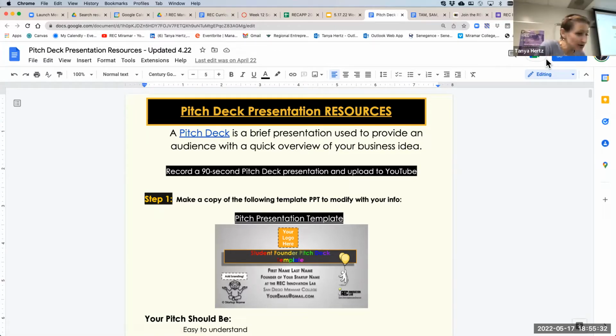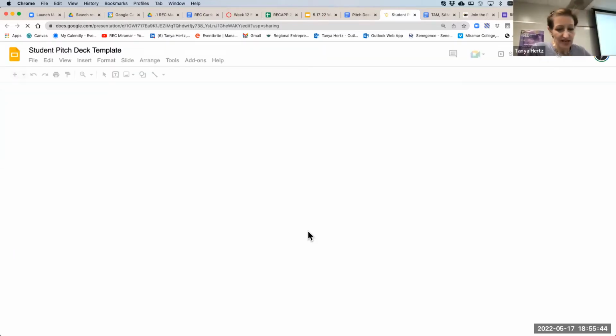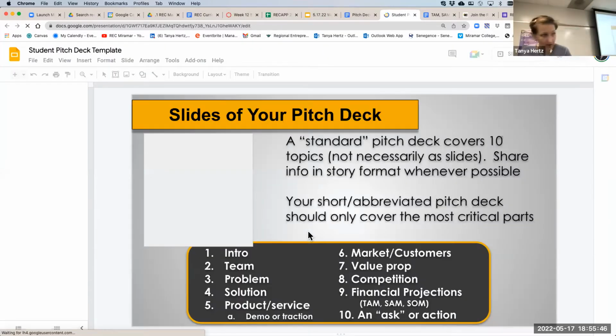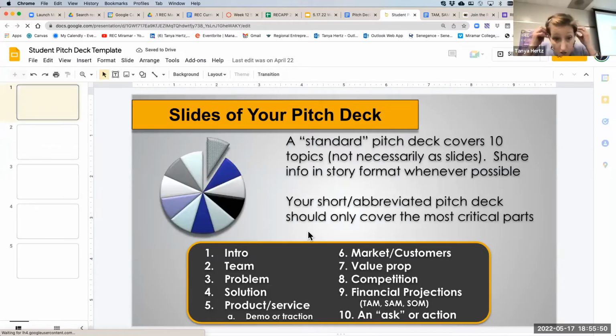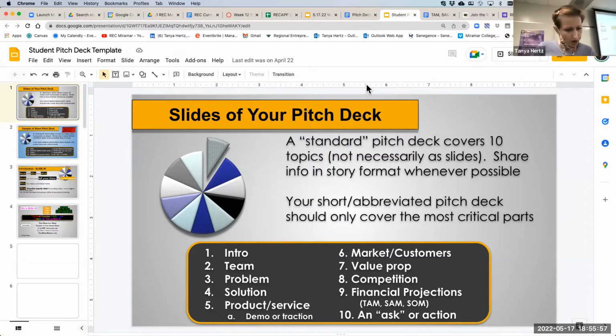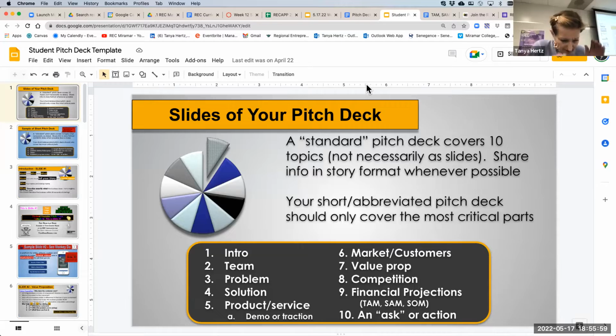Has anybody heard any other terms for TAM? Because it's often called total available market, right? People often say total available market. I prefer total addressable market because it's a lot more of a concrete term. It's something we're addressing. It's not available, like, just go out there and get it, anybody can have it.